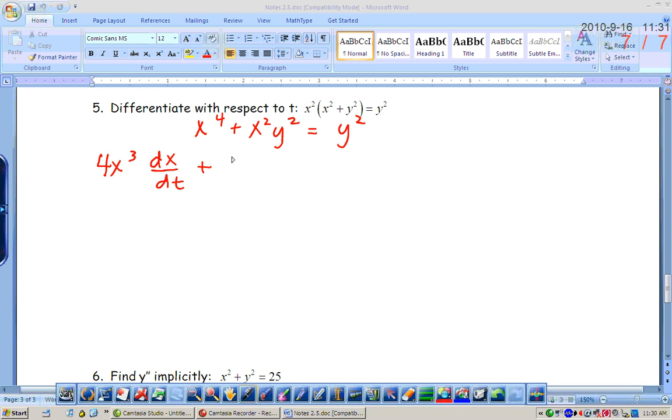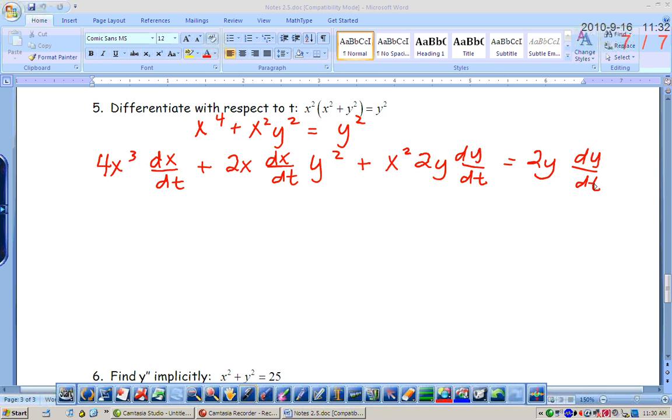So the derivative of x squared, 2x dx dt times y squared, the derivative of the first times the second, plus the first, or x squared, times 2y dy dt. Equals 2y dy dt. Done.